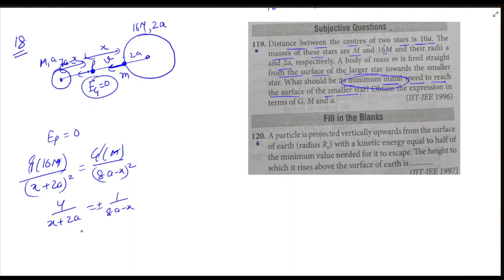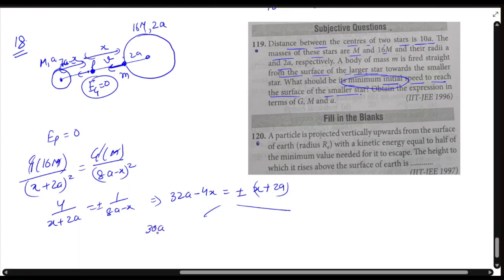So we have to use plus minus. Just cross multiply them. We'll have 32a minus 4x equal to plus minus x plus 2a. Let's take one as plus and another as negative. If you take plus, we'll have 30a equal to 5x, so x will turn out to be 6a.